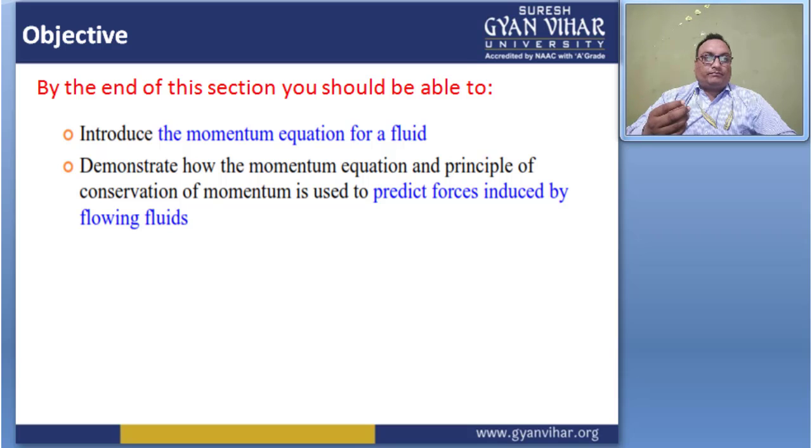This type of change in momentum occurs when a water jet strikes a wall surface, and if a pipe is bent, what will be the forces associated with the bent portion.